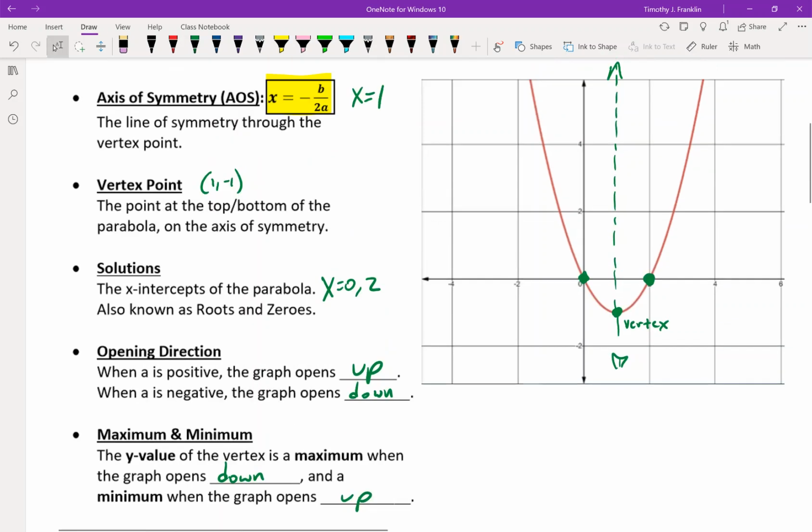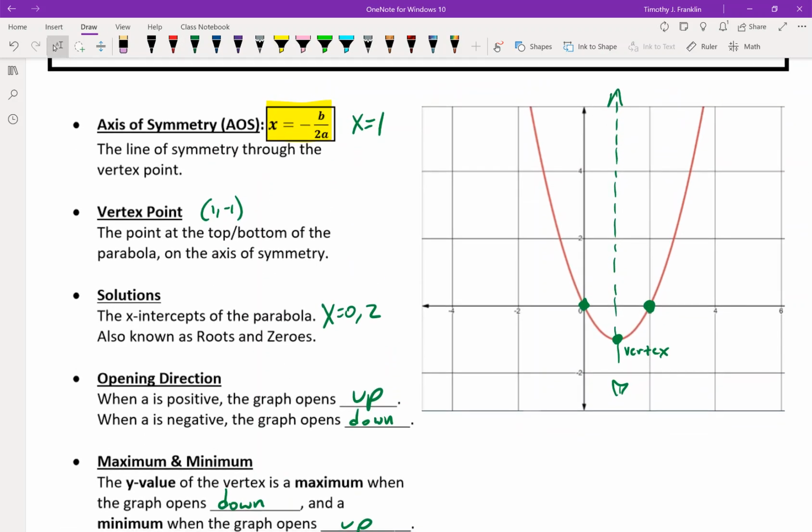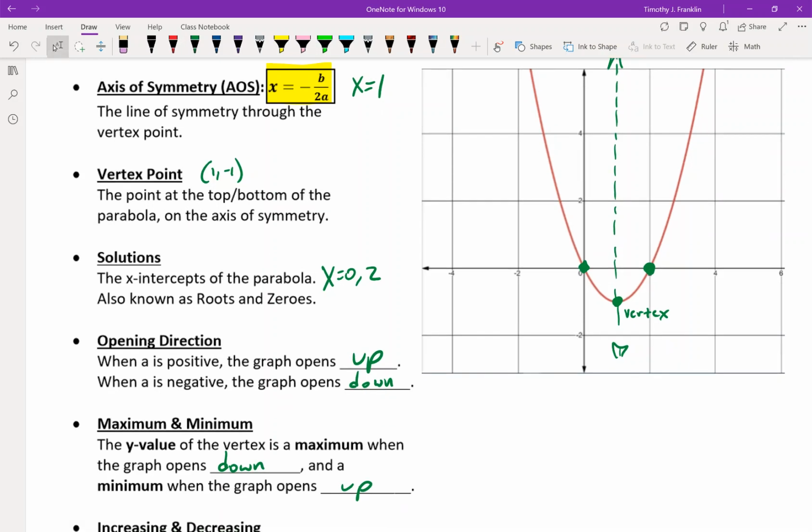Now this current example, this would be a minimum because the vertex is at the bottom of the graph. So our current example here is a minimum, and that would be y equals negative 1. So you imagine this here is like the lowest this graph can be. And that's why it's a minimum. The graph does not go below this line. Y equals negative 1 is the minimum value for this graph.